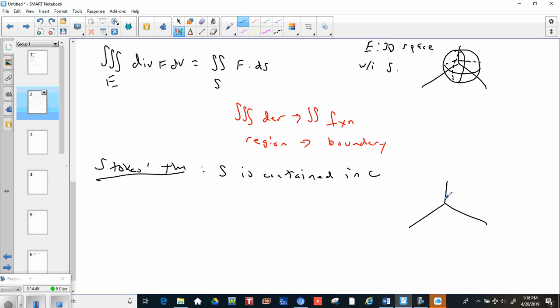Anyway, so what you've got is some kind of a surface here. Might look something like this, where this part right here is the surface. And this part right here on the bottom, it's C, and C is going counterclockwise. And your surface here, it's just the surface. It's not everything inside. It's just this surface right here is contained over some kind of a domain, but the domain here is enclosed by C.